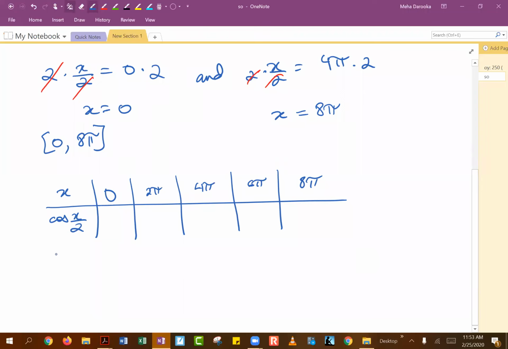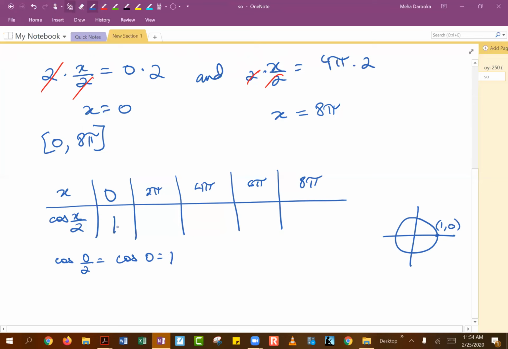So if I have cosine of 0 over 2, which is basically cosine of 0, again, like I said, you can always use a unit circle to help you out. Cosine of 0 is the starting point here. So what is that ordered pair? 1, 0. So what's our cosine value then? Very good.